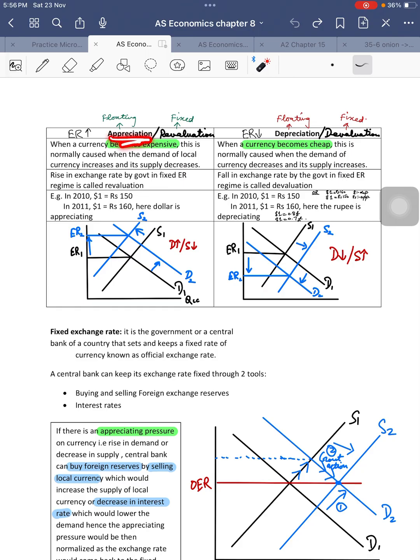Appreciation is when the currency becomes expensive or when the exchange rate increases in a floating exchange rate system. So in a floating exchange rate system, when the value of the currency increases or when the exchange rate increases or when the currency becomes expensive, any of these explanations is good. So when the currency becomes expensive in a floating exchange rate system, there is an appreciation of that currency.